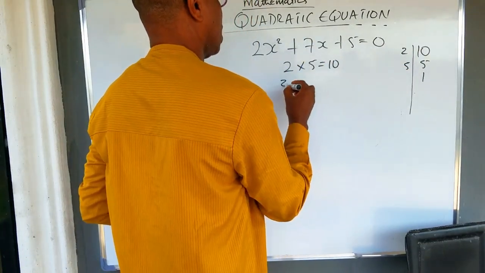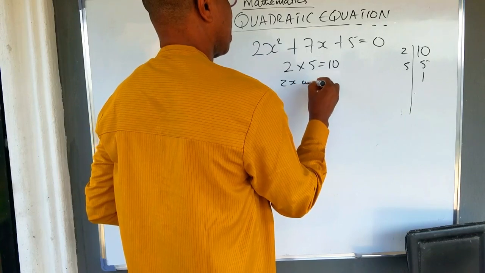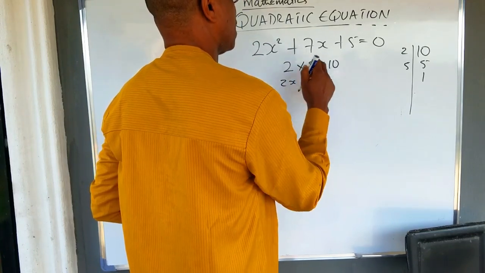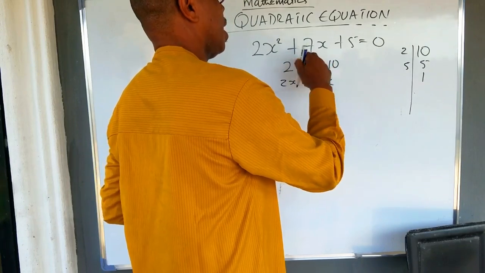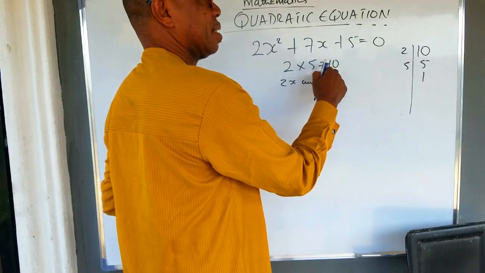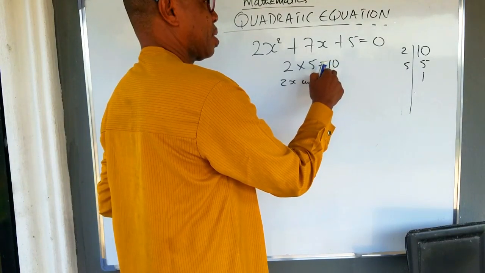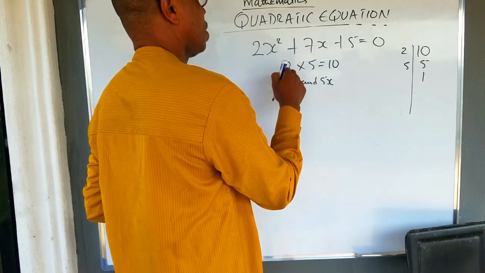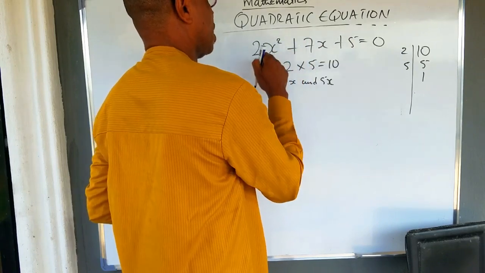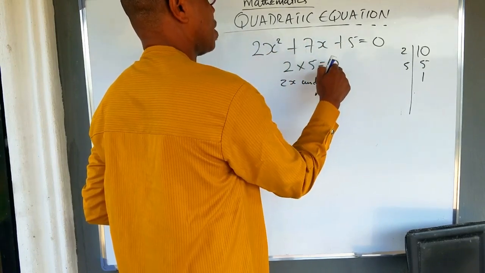And we should know that 2x and 5x, because 2x plus 5x will actually give us 7x, and 2 times 5 will give us 10. Remember, we are no longer considering 5 because it is now 2. It's this 10 we're talking about, not this number. We got this 10 by saying 2 times this 5, 10.